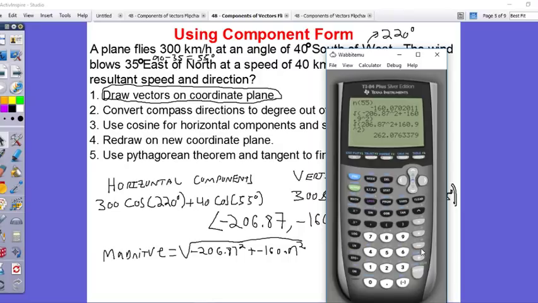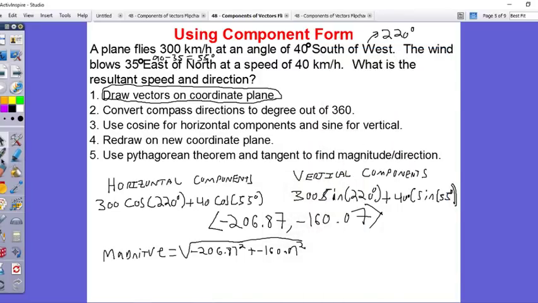So that's going to be 262.07. That's the magnitude. It's equal to 262.07. So make sure you put your negatives in parentheses. That way you don't mess up the calculator.